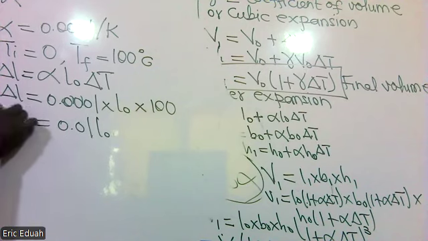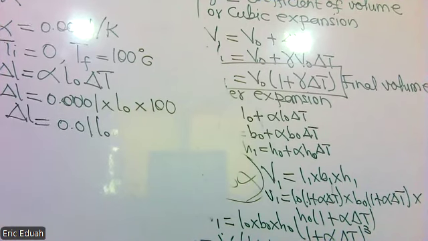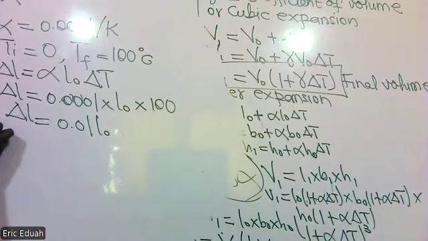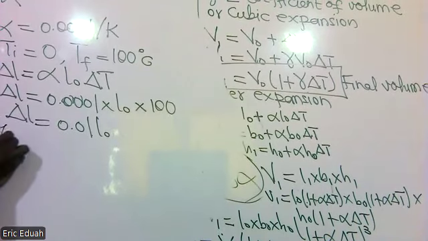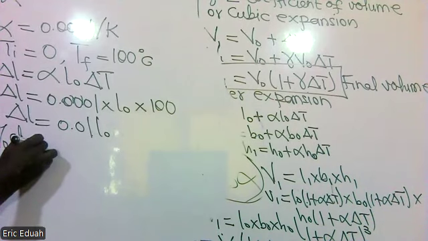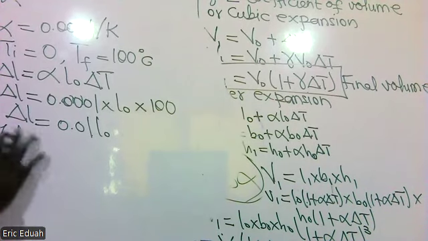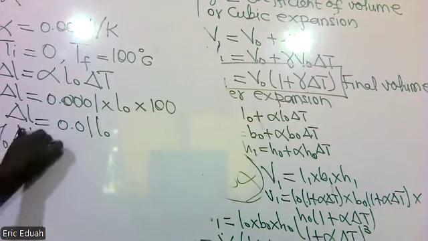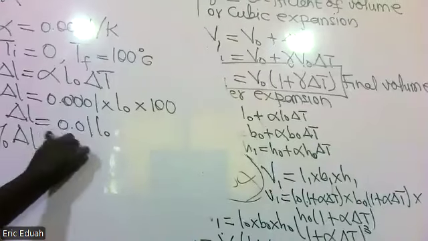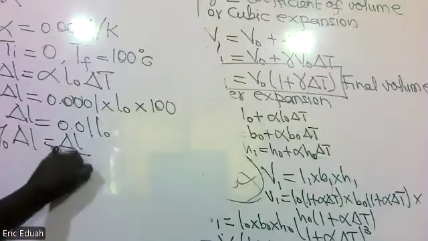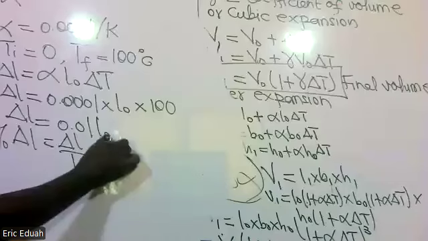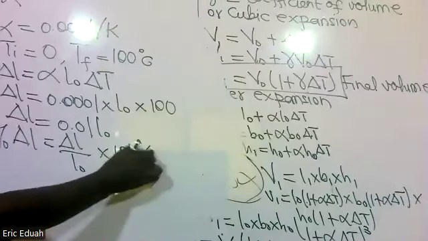This is delta L. Therefore, percentage change in length, or percentage delta L, will be equal to delta L over L naught times 100%.